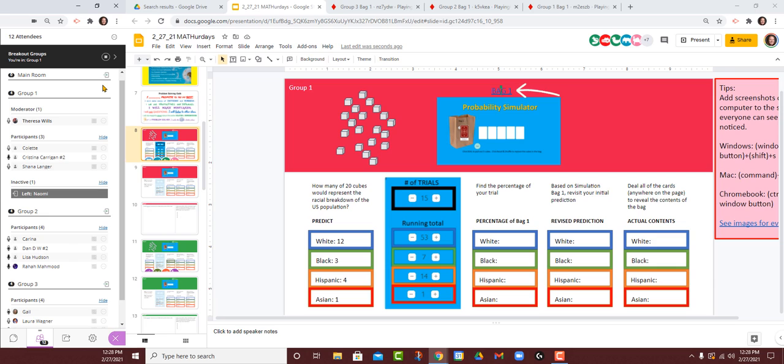If we were to use our prediction of 53 blue cubes that were pulled, that would push our blue prediction up if we were just going off of our trial. In that third column, think about your initial prediction, and you can either stick with 12, 3, 4, 1, or you can change it based off of that trial.